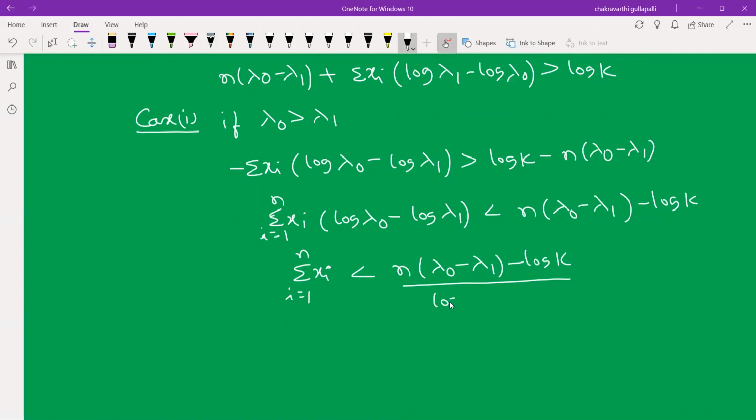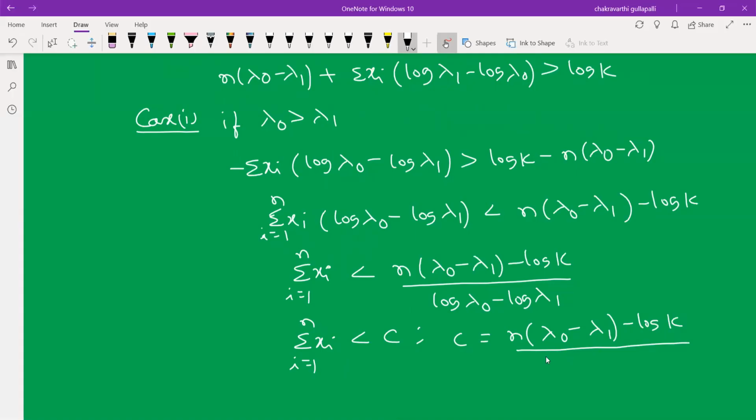Dividing by log lambda naught minus log lambda 1, summation xi, i equal to 1 to n, is less than this value, which is equal to c, where c is equal to n into lambda naught minus lambda 1, specified values, minus log k, divided by log lambda naught minus log lambda 1. K is a constant value. If you know the k value, we can find out the c value.